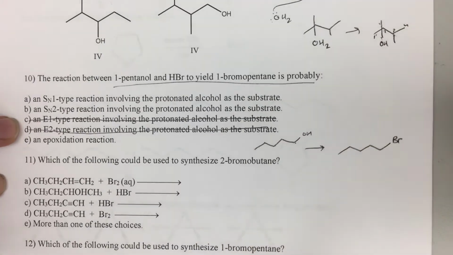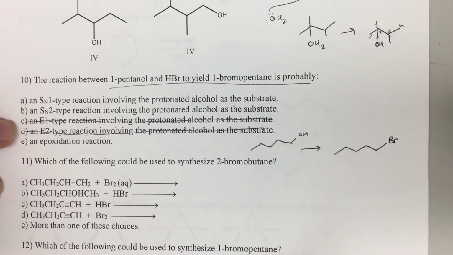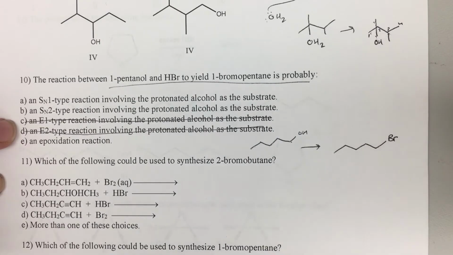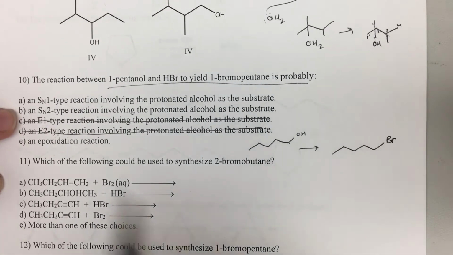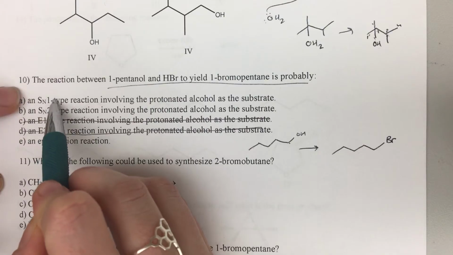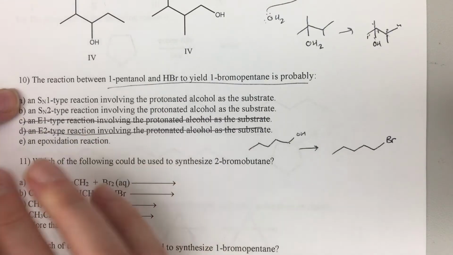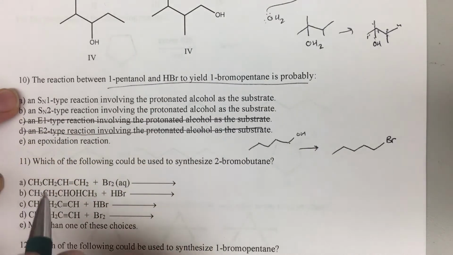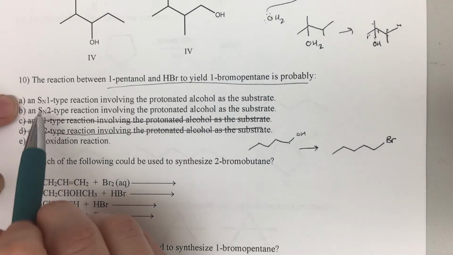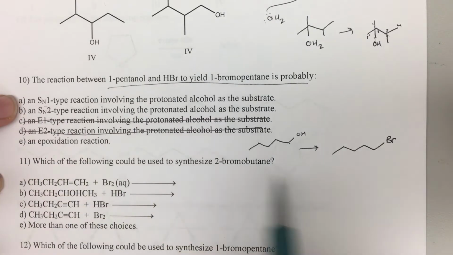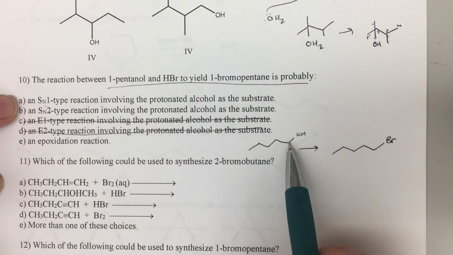And you may be thinking, I don't really remember a lot about these types of reactions. I totally understand. These took a long time for me to get. But one thing you can remember is an SN1 type reaction starts much like our acid catalyzed, where it leaves behind a carbocation. And this here is not going to want to form a carbocation on a primary.